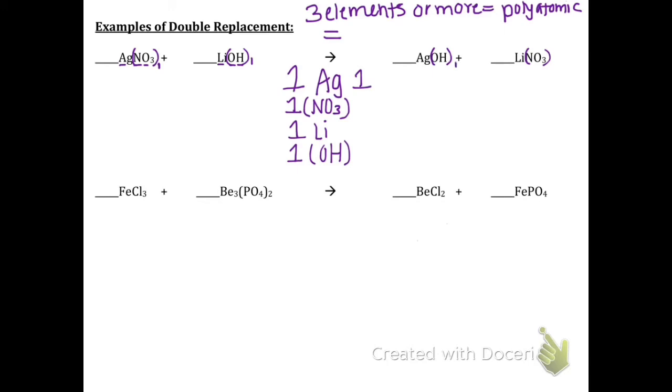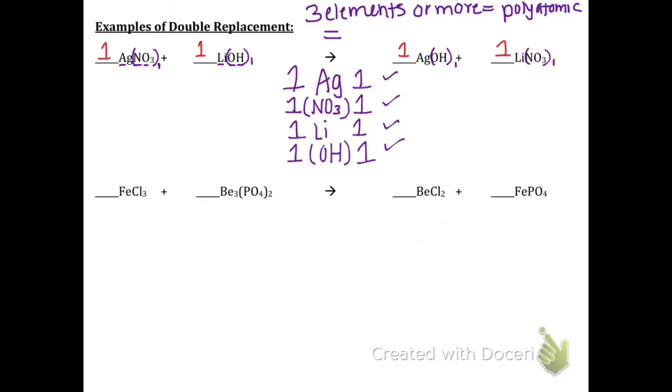There is no number here, so we assume that that is 1 OH. There is no number next to the Li, so it's a 1. There's no number next to the NO3, so we assume 1. So 1s across the board. That means that this chemical reaction is already balanced. So you could technically leave it blank, but it bothers some people, so you are more than welcome to throw in some 1s here if that makes you feel better.